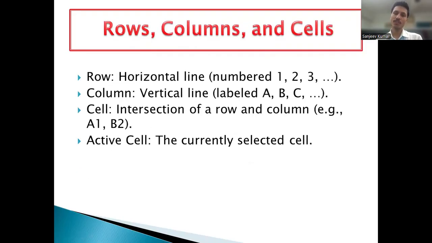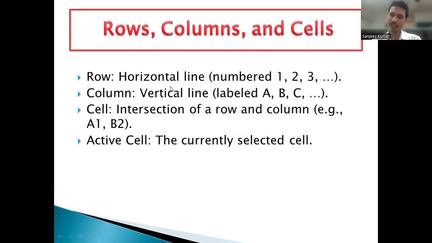Next, we should know how we can perform operations by using cells in Excel. Cells are arranged in rows and columns, and there is an active cell. Let us know about the row.